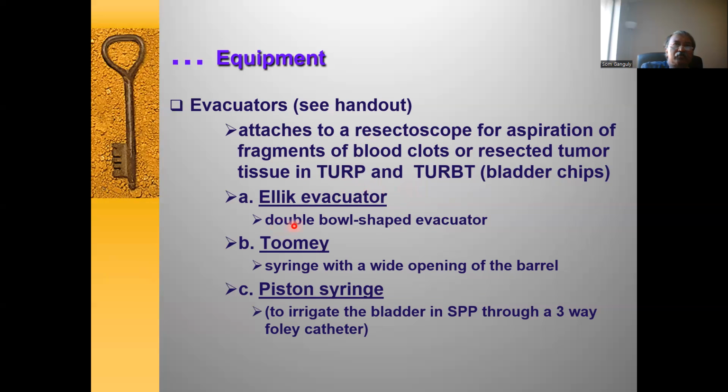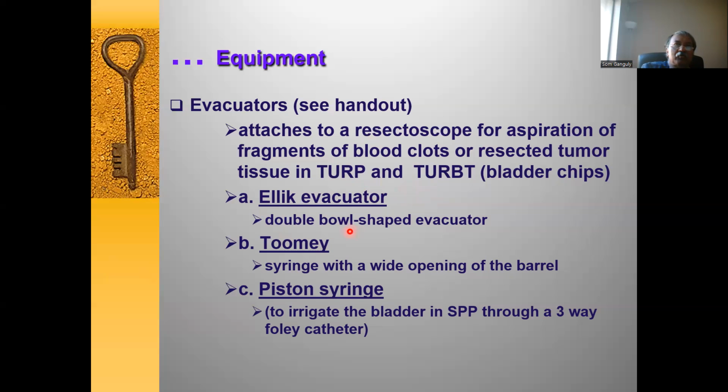Then you need to have these instruments to get rid of those chips from the bladder. One of them is called Ellik evacuator. It's a very unique design evacuator for urology.